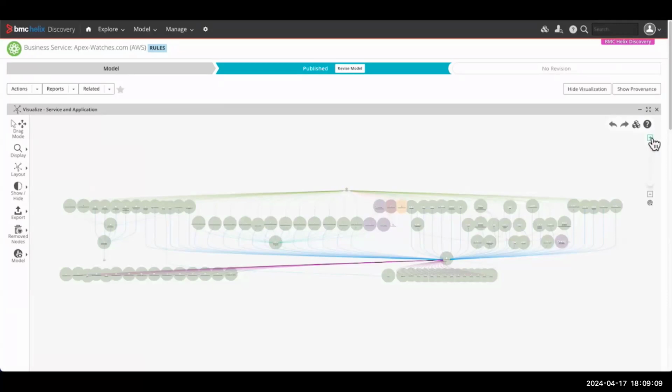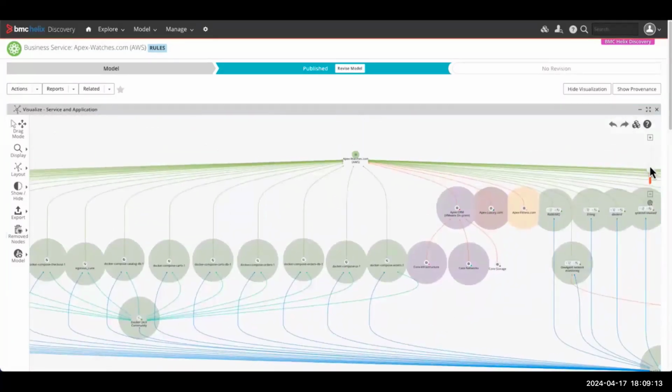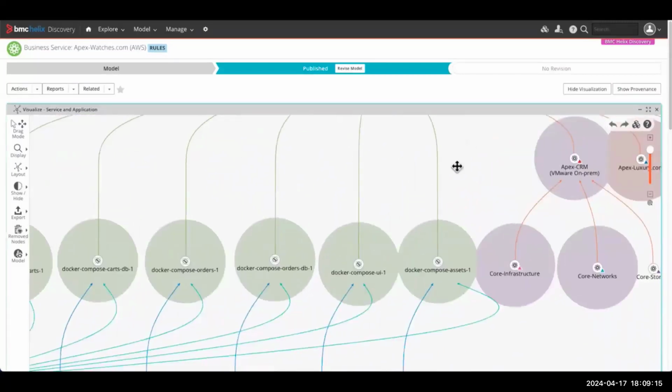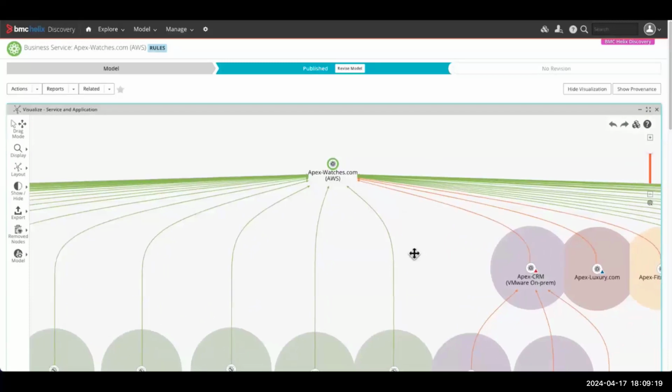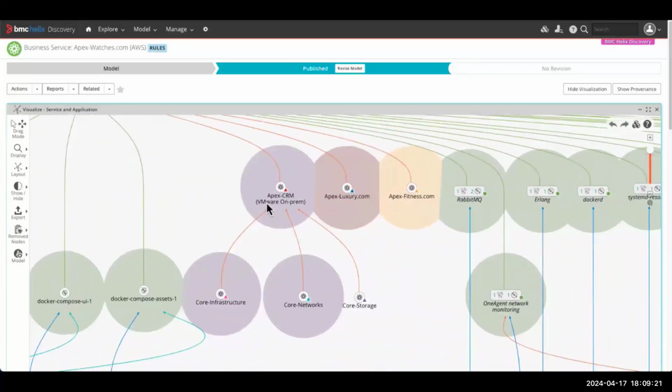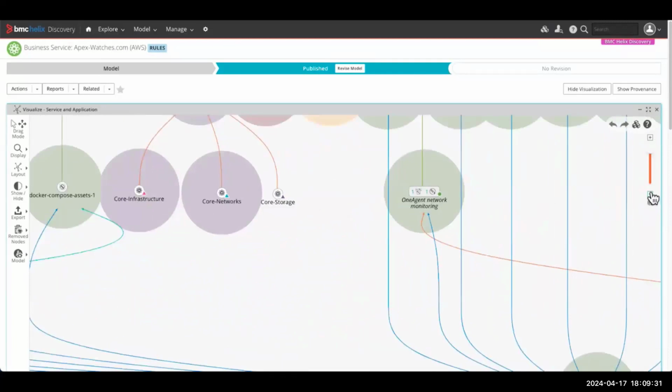So here we can see a graphical representation of the definition of our Apex watches that's running on AWS. It has these other services, Apex CRM, Apex Luxury, that are running on VMware on-prem and in other places, and you can see all the relationships.